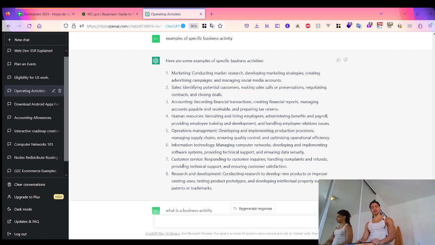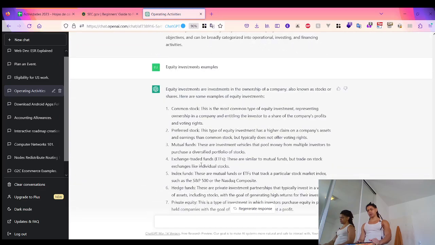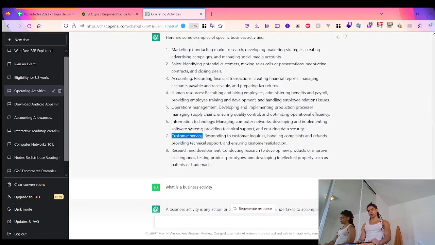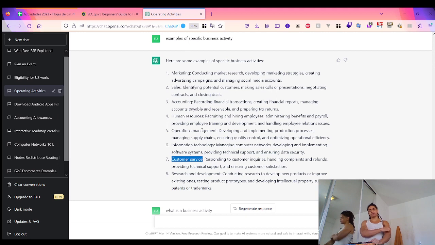The next specific business activity is customer service. Funny, they don't mention anything related to customer service at all. But customer service is responding to customer inquiries. Before I got into the software engineer career, I was working in customer service at Movistar.